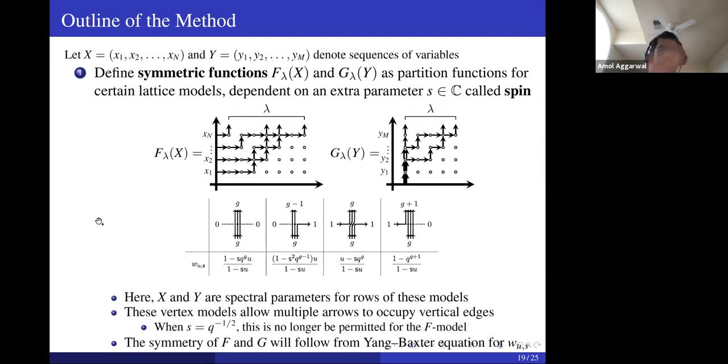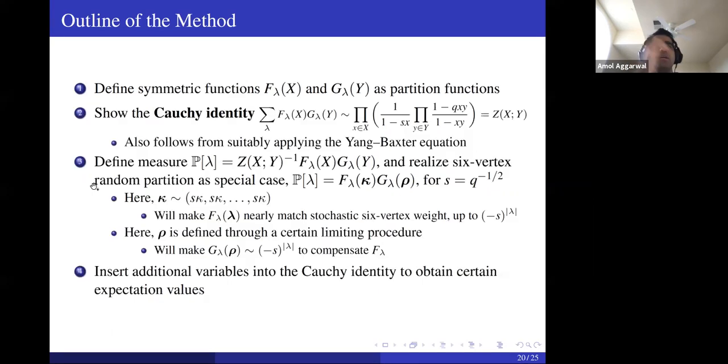So the first step, as I said, is to define these symmetric functions as partition functions. The second step is to prove a quotient identity for these symmetric functions. It takes the form: if I take f lambda times g lambda and sum over all lambda, this has a factorized form, which I've called z of xy.